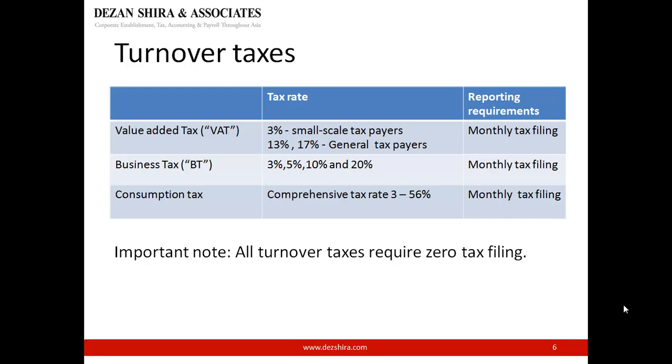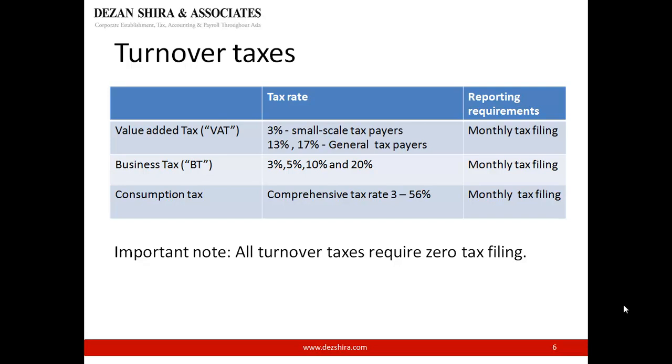Value-added tax is payable on business transactions of selling goods and repairing services. Business tax is payable when you provide services, and consumption tax is payable when you sell some luxury goods and special goods controlled by the government, like tobacco, alcoholic drinks, jewelry, vehicles, fuel, and so on.